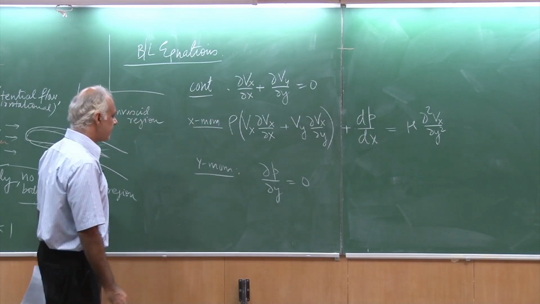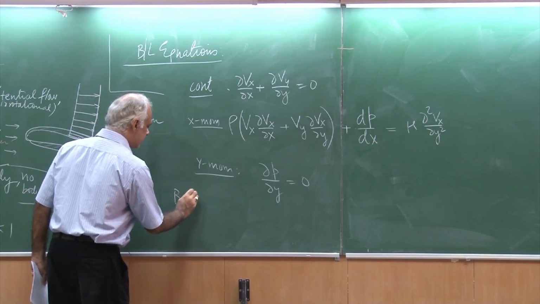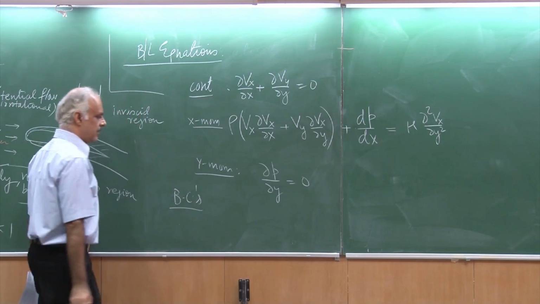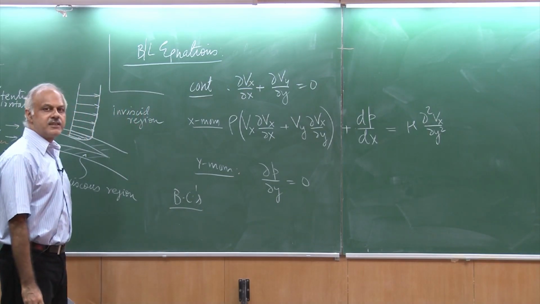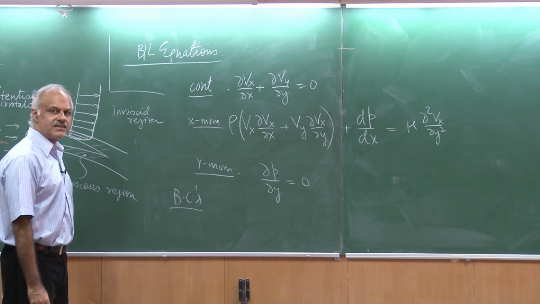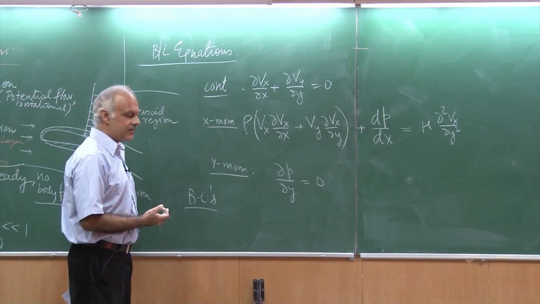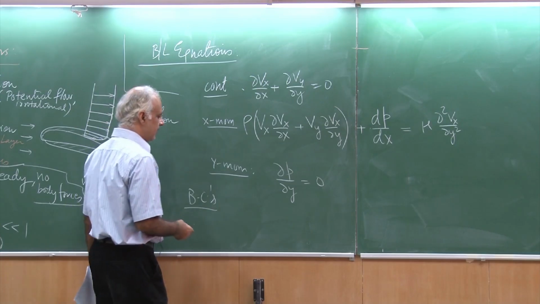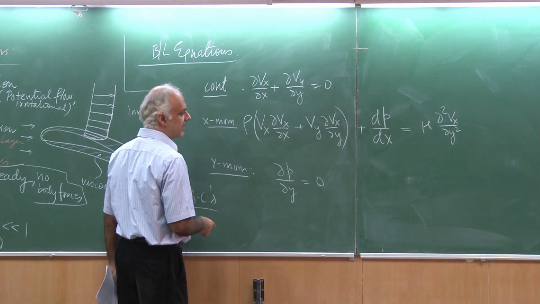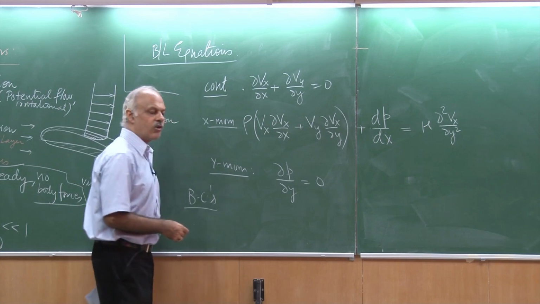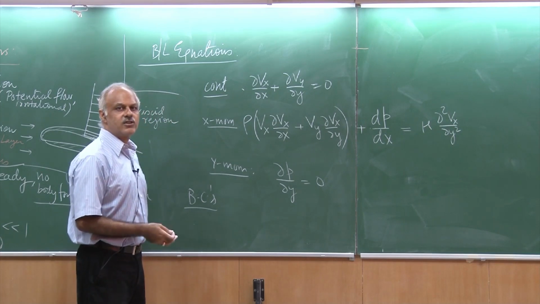What about the boundary conditions? For the far stream, the same conditions as in the Navier-Stokes, but there is no far stream here, because we are inside the boundary layer. So the conditions that we really need to apply are on the solid surface and at the edge of the boundary layer.